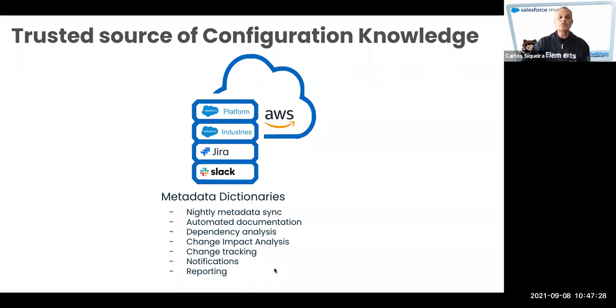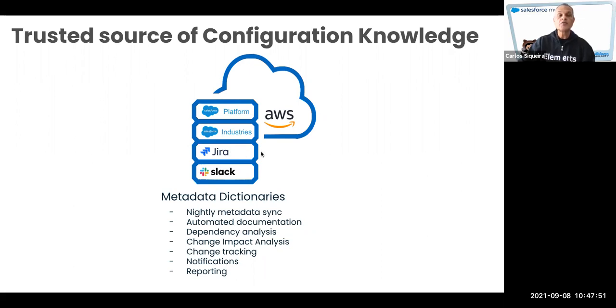Integration with other tools. When you talk about DevOps, it's very important that you talk with tools like Jira, which is your ALM tool. And now with Slack, you improve a lot of collaboration. So you must look into a configuration knowledge tool or process that allows you to do those integrations as well.